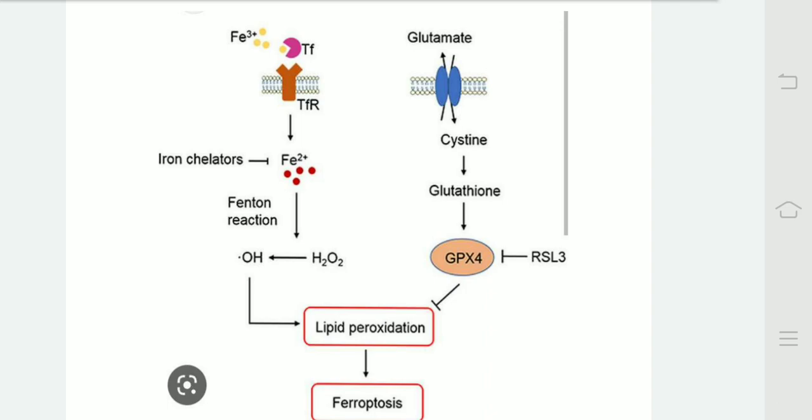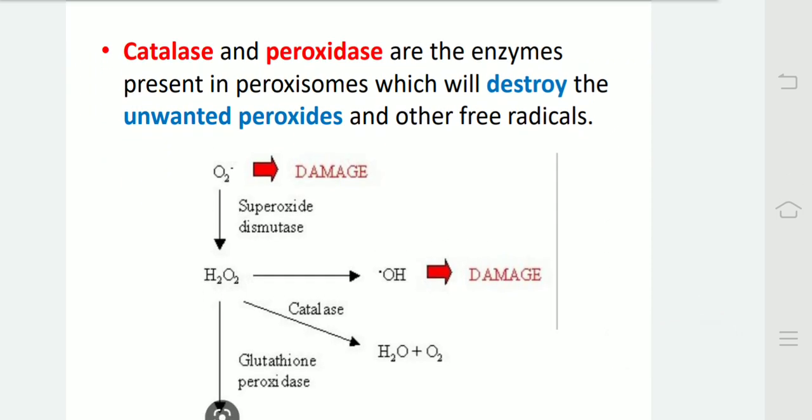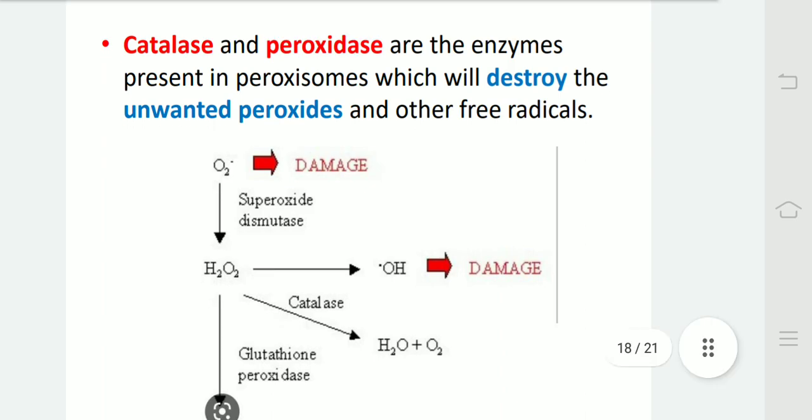Here we can see that ferric ions and glutamate undergo lipid peroxidation, which leads to ferroptosis. As we can see in the diagram, catalase and peroxidase are the enzymes present in peroxisomes, which will destroy the unwanted particles and other free radicals.